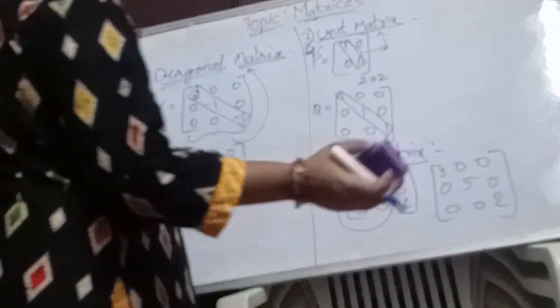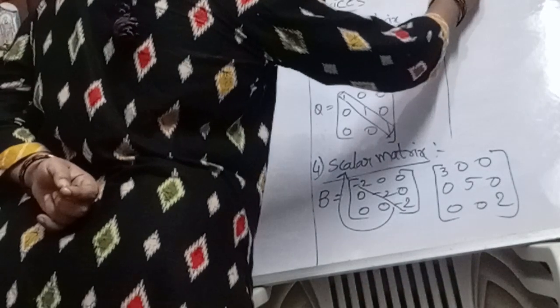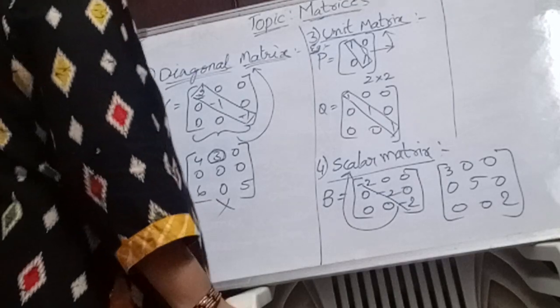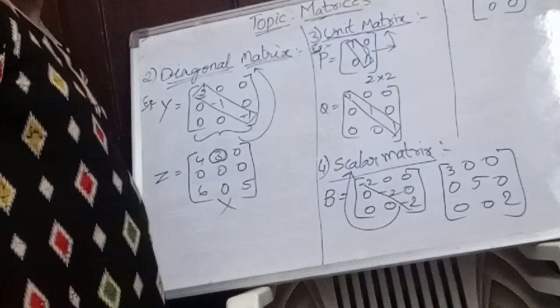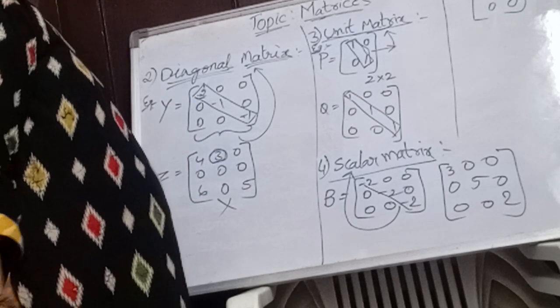Next, coming to the null matrix. A null matrix is a matrix in which all the elements are zeros. The name itself specifies that null means nothing will be there, but here we write zeros.